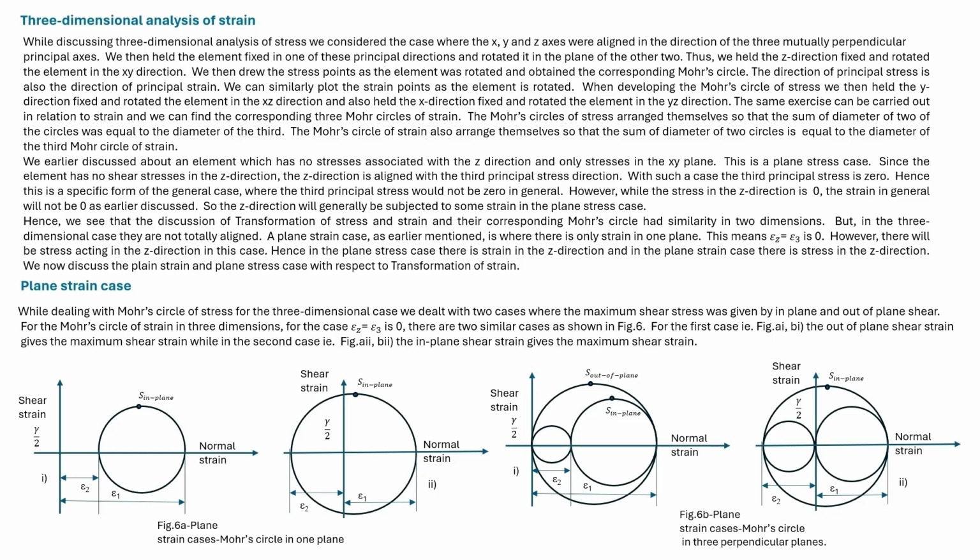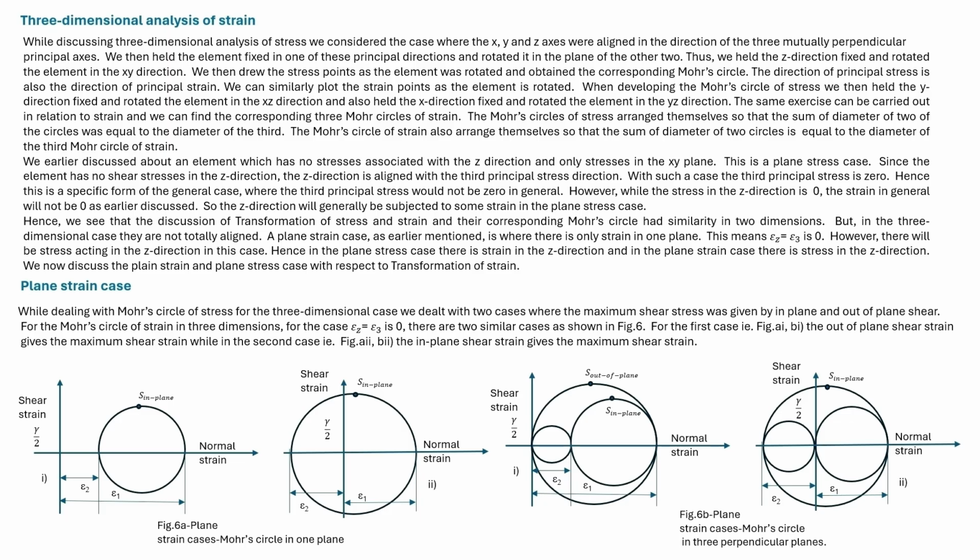Similarly, with Mohr circle of strain, the sum of diameter of 2 of the Mohr circle of strain will be equal to the diameter of the third Mohr circle. In the plane stress case, there were no stresses associated with the z-ordinate.